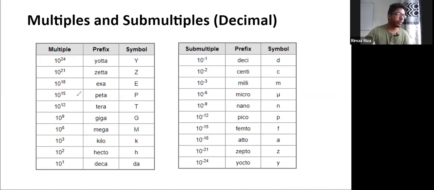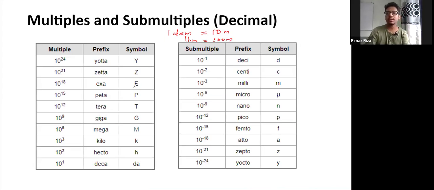Okay. So here we'll start with deca. Deca means 10 to the power 1. So 1 decameter, 1 dam, is equal to 10 meters, right? And 1 hectometer, 1 hm, is equal to 100 meters because it's 10 to the power 2.